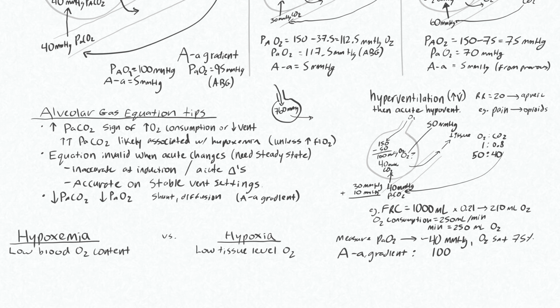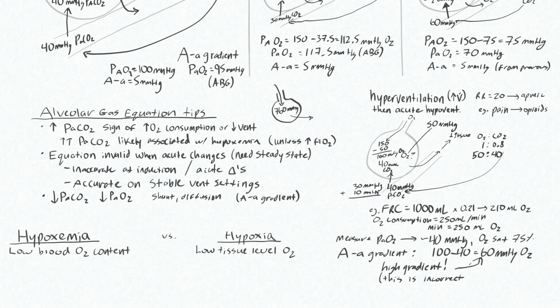So back to our AA gradient, 100 millimeters of mercury of oxygen in the alveolus, supposedly, minus 40 in the arterial circulation, gives us a gap of 60 millimeters of mercury of oxygen, which really doesn't make any sense for this patient. This is a high gradient, very high. But all we've done to this patient is lowered his ventilation, and low ventilation is supposed to be a normal AA gradient hypoxemia. So this is incorrect.